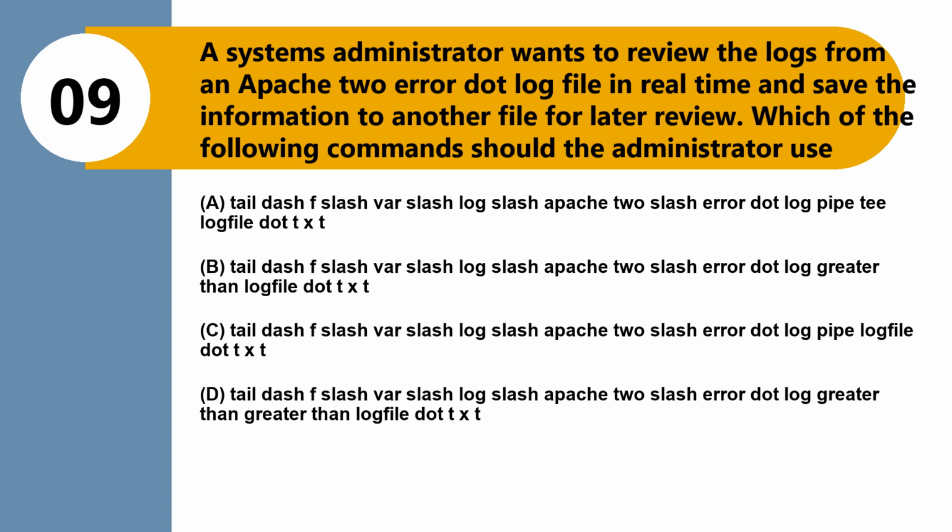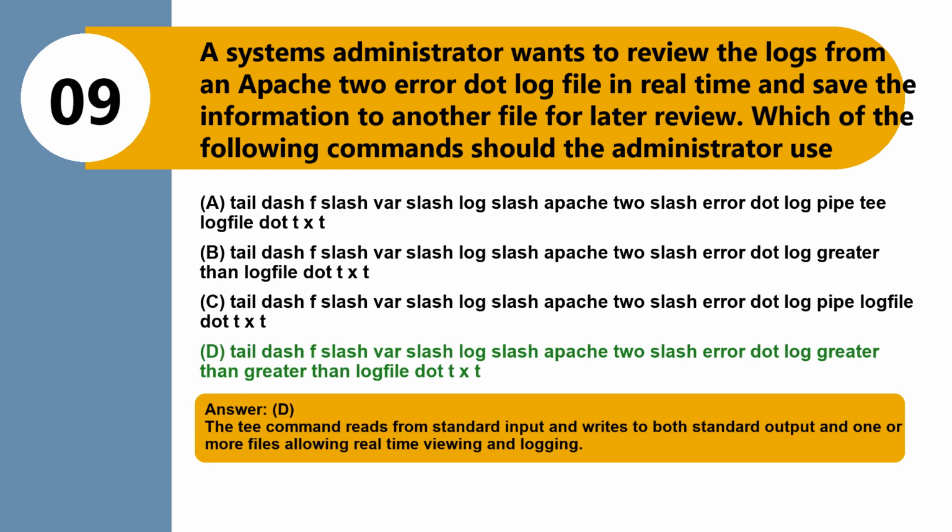Option C, tail -f /var/log/apache2/error.log pipe logfile.txt. Option D, tail -f /var/log/apache2/error.log greater than logfile.txt. The correct answer is option D, tail -f /var/log/apache2/error.log greater than logfile.txt. The tee command reads from standard input and writes to both standard output and one or more files, allowing real-time viewing and logging.